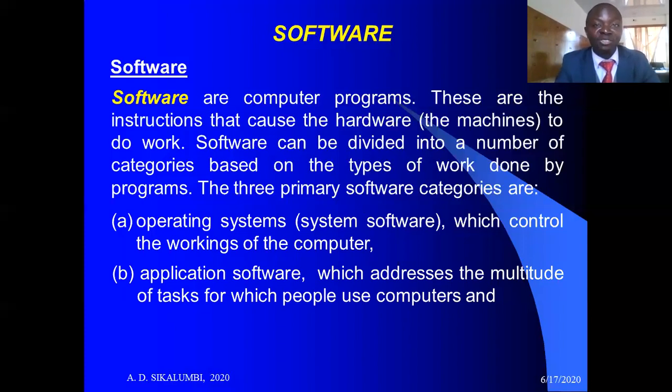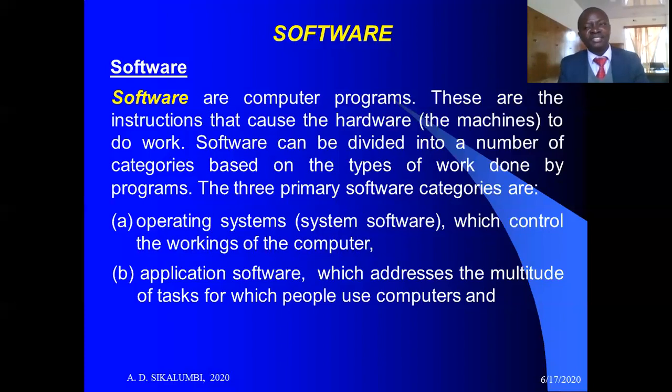It's the mother software. Before any software is installed, this must be installed first. So operating system, also called system software, is the mother software, which lays the foundation, which lays the ground for other software to be installed on it.